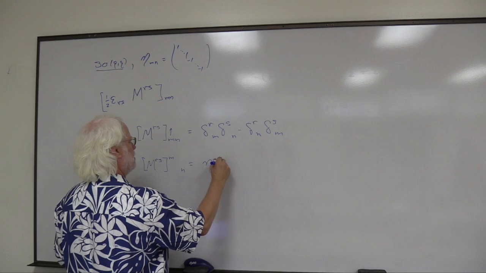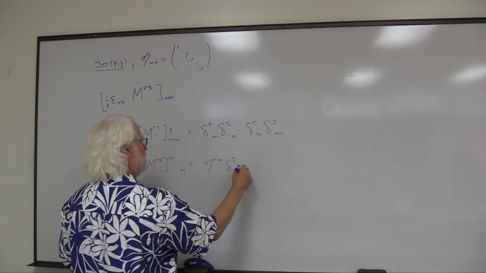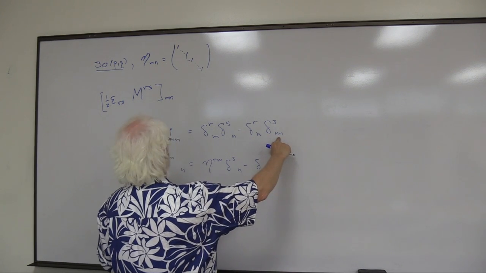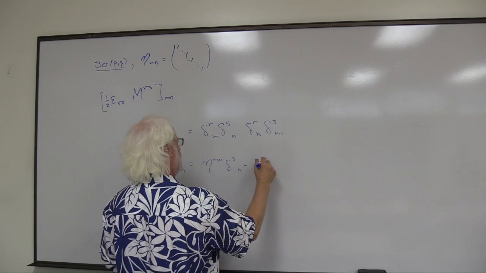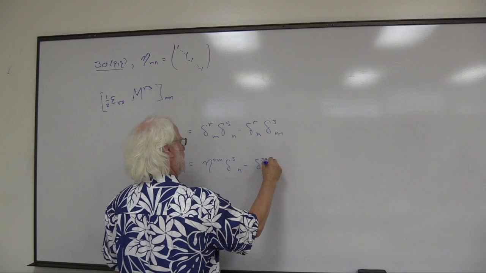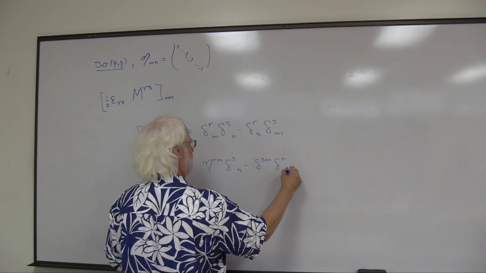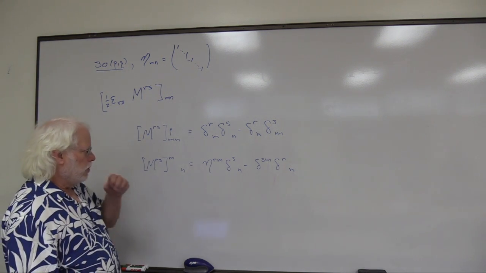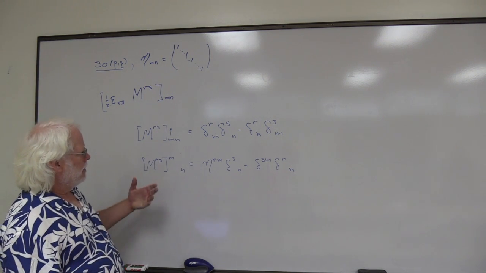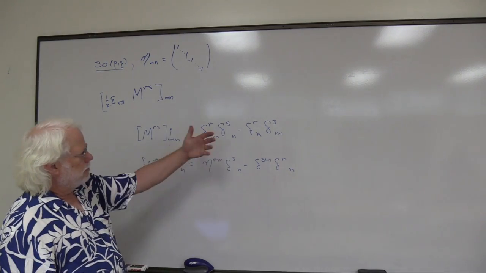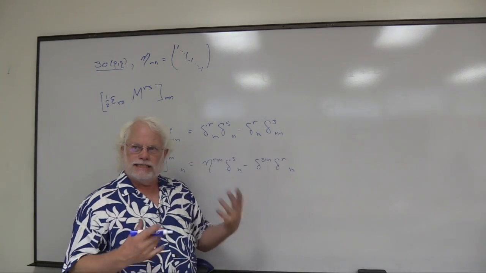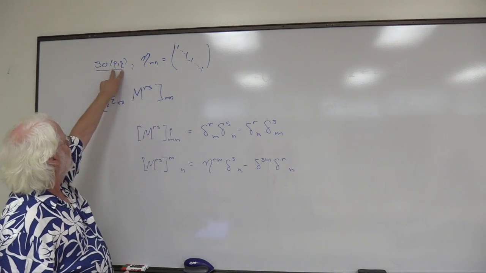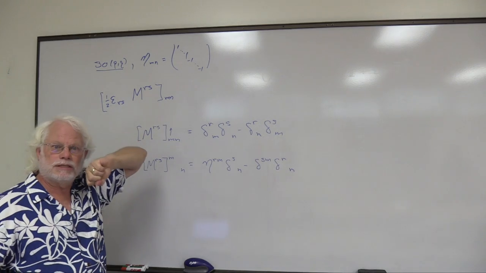So I'll have delta RM delta SN minus delta SM delta RN, like that. I can write those in either order, they're just numbers. So this forms a complete basis for antisymmetric matrices in however many dimensions we're in, n dimensions, p plus q dimensions.